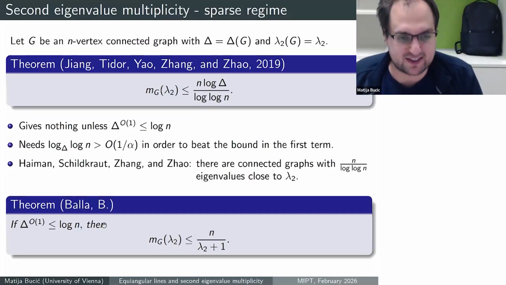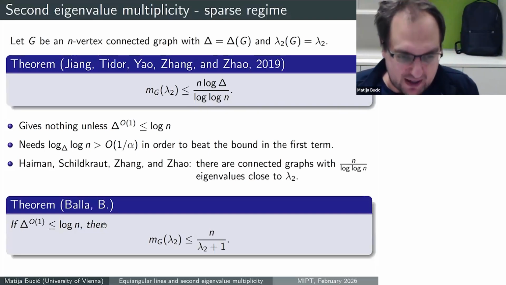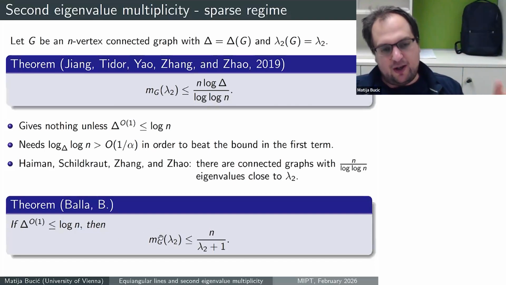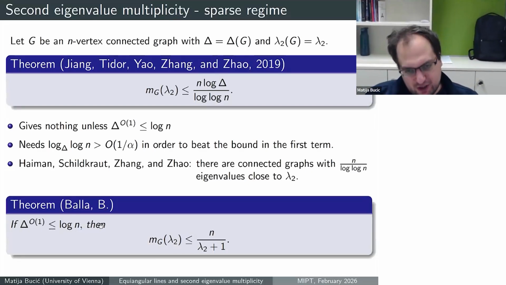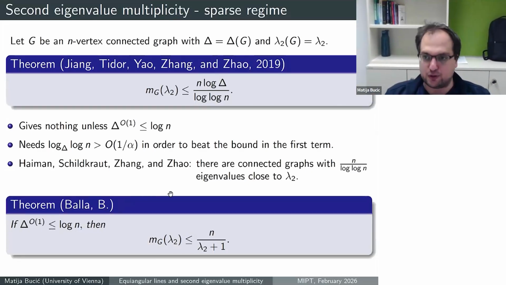But realistically, this is essentially the best you can hope to prove in general, unless you start adding extra assumptions on your graph G, which in our problem we do have and do have to use, because we really need something like this minus 3 on the right-hand side in order to get these exact answers, because we need to beat that loss of plus 2 and a few other things where we'll actually lose a bit.